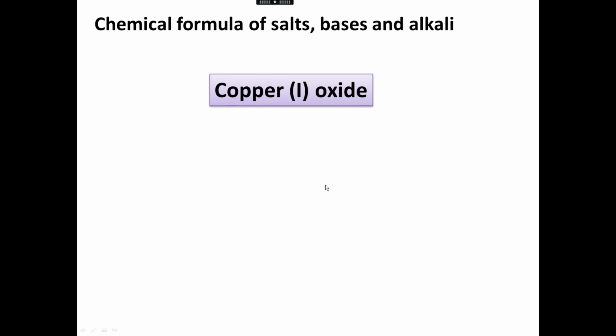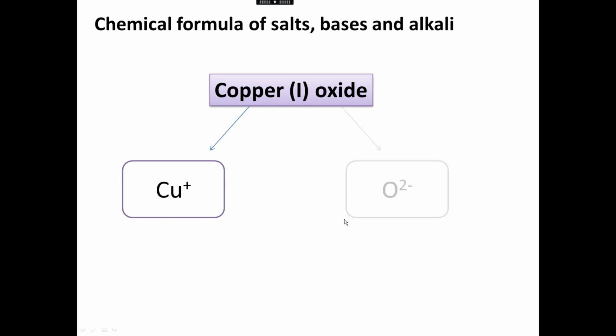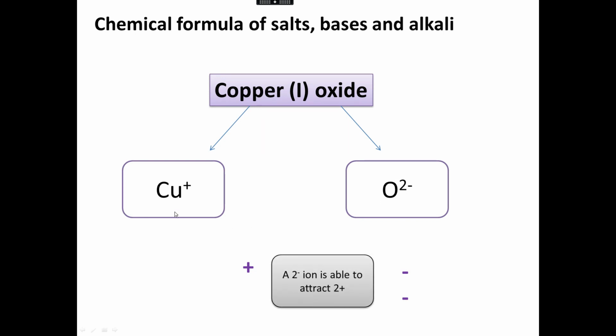Let's have a look at copper(I) oxide. Copper(I), Roman numerals, refers to Cu+. Oxide is an O2- ion. It's always O2-. But what that means is that this time copper only has one positive, whereas oxygen has 2 negatives. That means that this O2- ion will be able to attract a second Cu+.